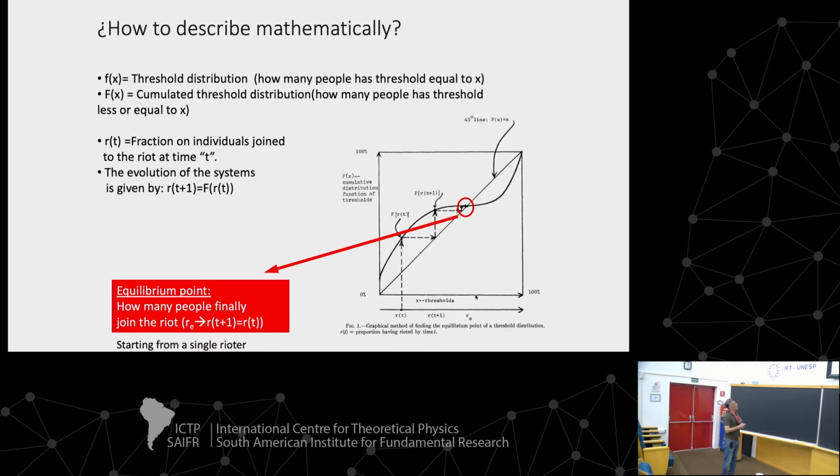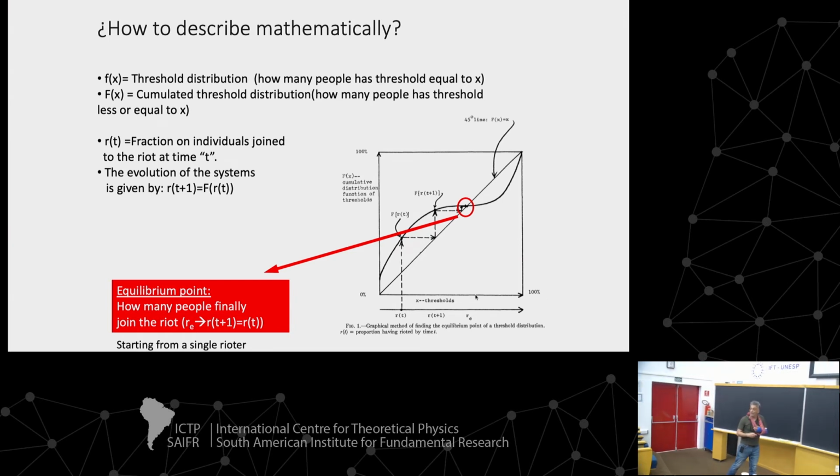So if we call r(t) the fraction of individuals joined to the riot at time t, then the evolution of the system is given by this simple relation: the people that are going to engage at time t+1 is given by the amount of people that have a threshold equal to or less than r(t). So it's F(r).